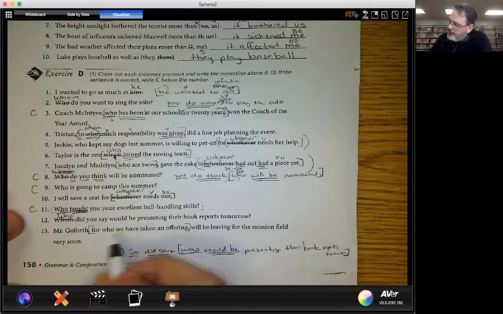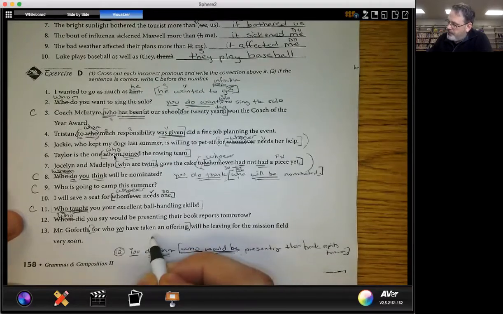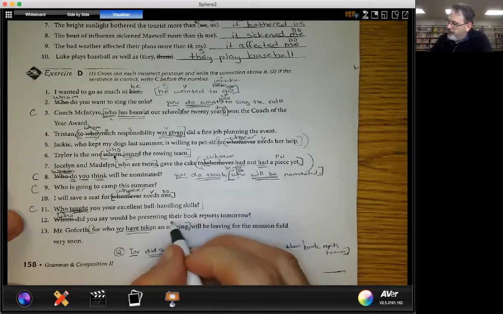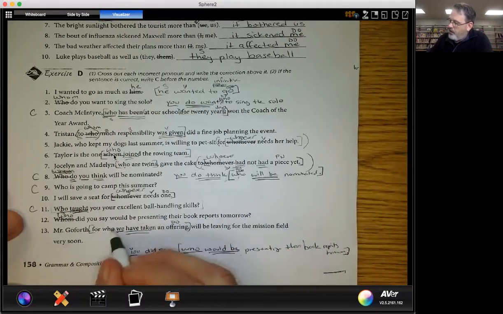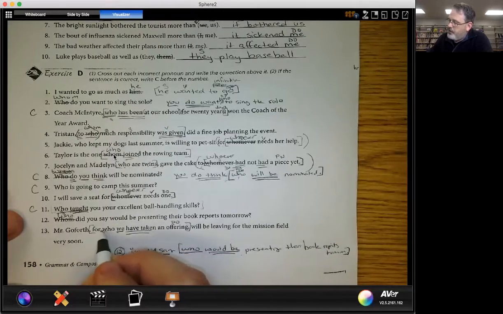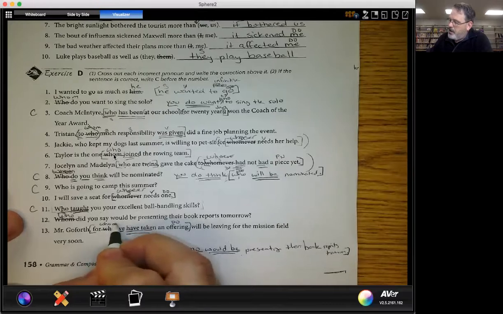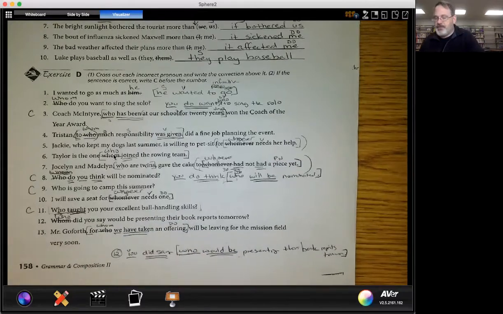Well, in this clause, we as the subject have taken, and what do we take? An offering for Mr. Goforth. This is a prepositional phrase, so who is not right. It's got to be changed to whom, because objects of prepositions must be objective case, and whom is the objective case pronoun, okay?